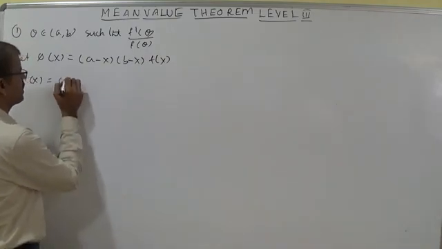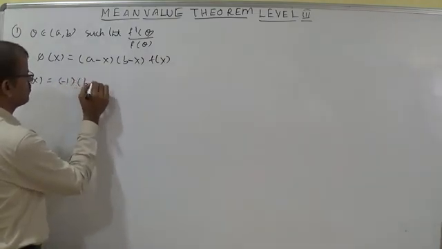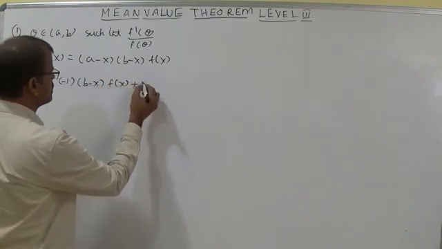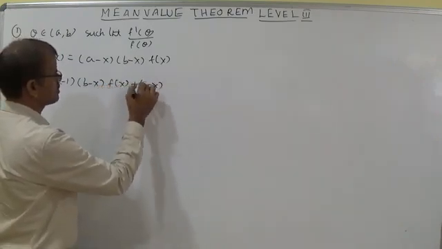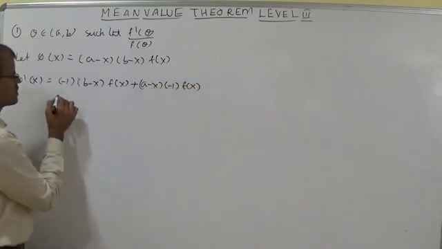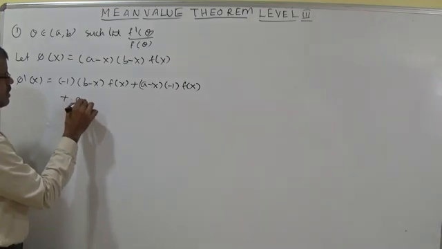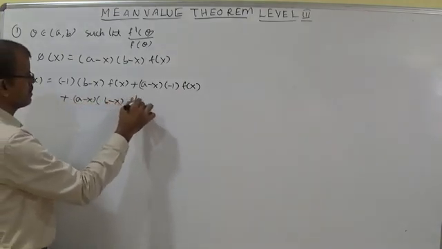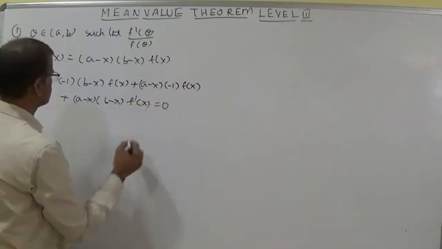So minus 1 into b minus x into f of x plus a minus x into minus 1 into f of x plus a minus x into b minus x into f dash x. This is equal to 0.